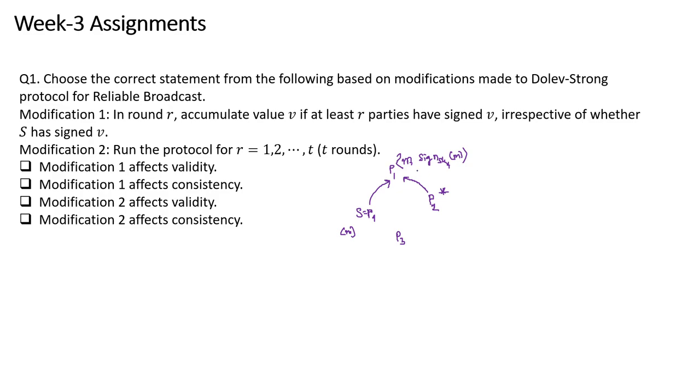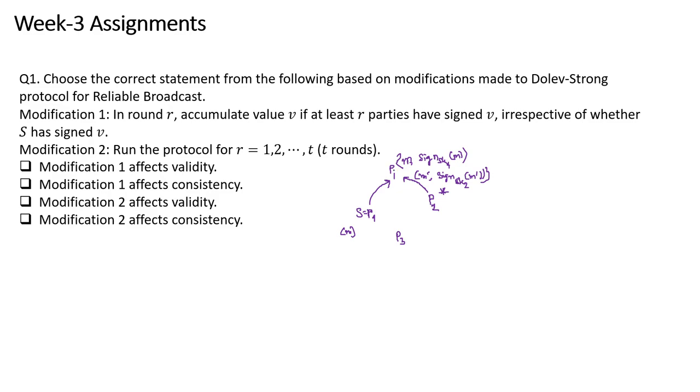It also sends some M dash with its own signature on M dash. So in the view of P1, during round 1, it has received two messages, each with one signature on them.